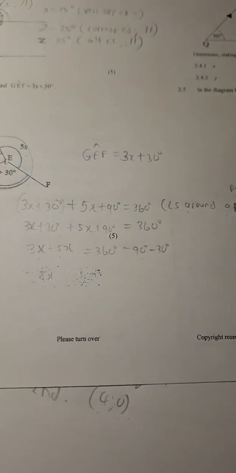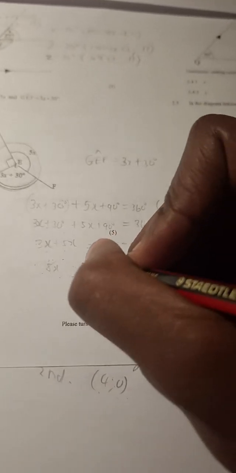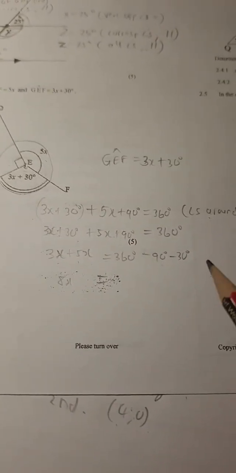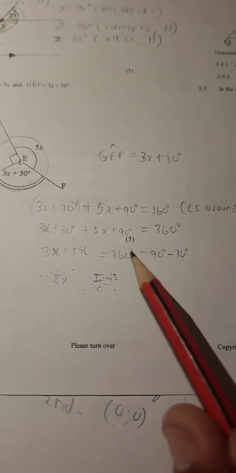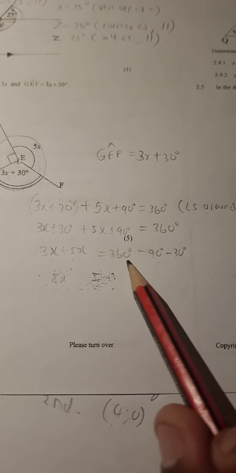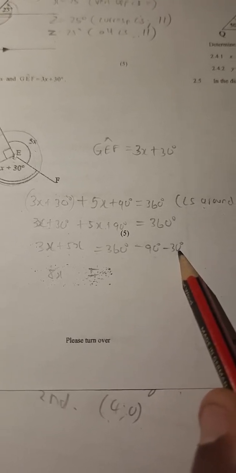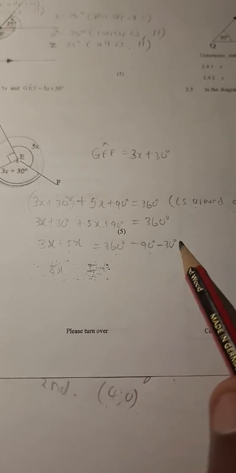The legend says it's 8x. Hey, Baba. Quaid Clutie, is it Clutie? Also says 8x. 360 minus 90 minus 30, which is 360 minus 120, gives us what?